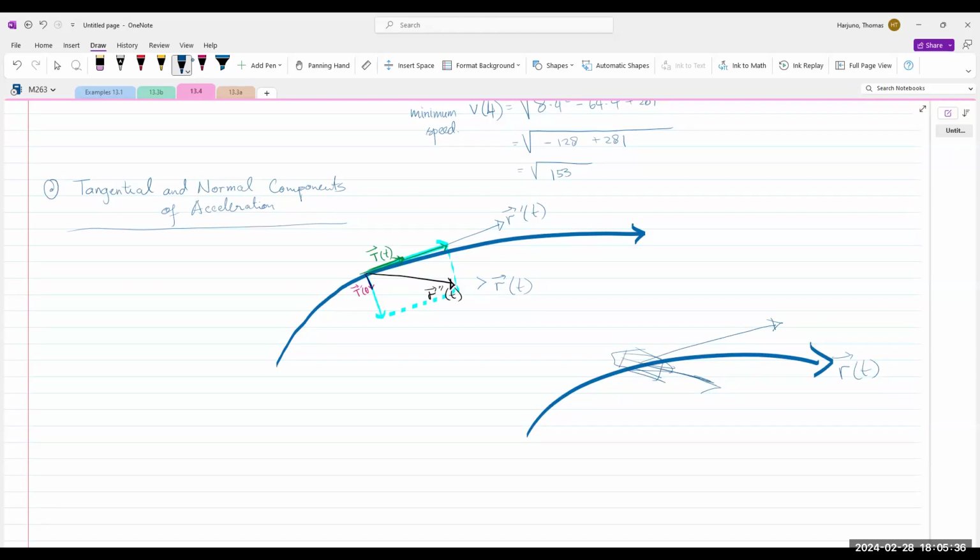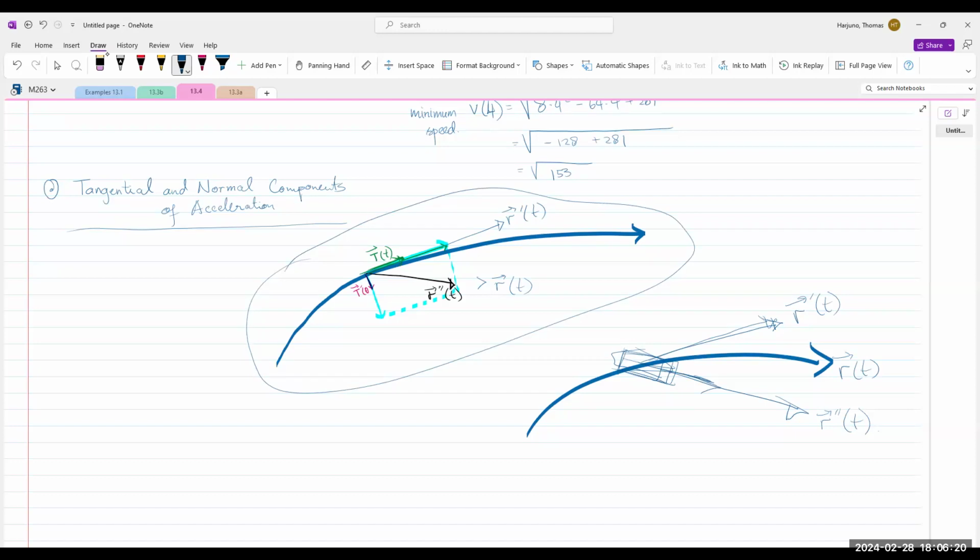Can you imagine? That happens with an airplane. That happens if you travel in fluid dynamics, on a fluid, like maybe the air or maybe water, on the sea, on the ocean. So you are on a ski or on a boat. Your boat is actually facing that way, but it's drifting in that direction. Then this will be the r prime t, and this is our r double prime t. Okay, so we come up with this kind of picture here.